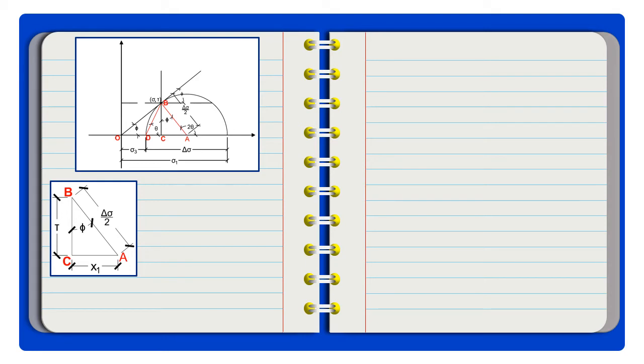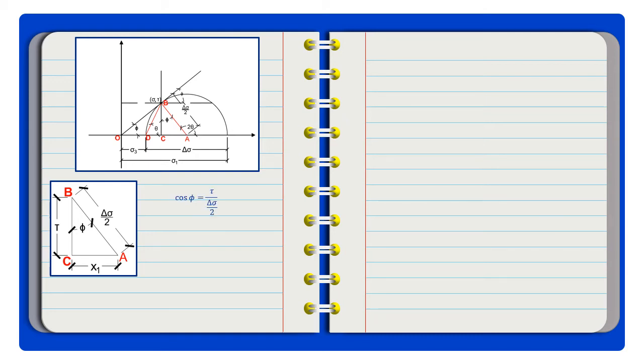So, from this figure, we can see na ito yung phi. So, ibig sabihin, if we will use the sine function, that will be x sub 1 over delta sigma over 2. Pero, since ang unknown natin, or yung hinahanap natin is shear stress, we will just use the cosine function since that is an adjacent side divided by the hypotenuse.